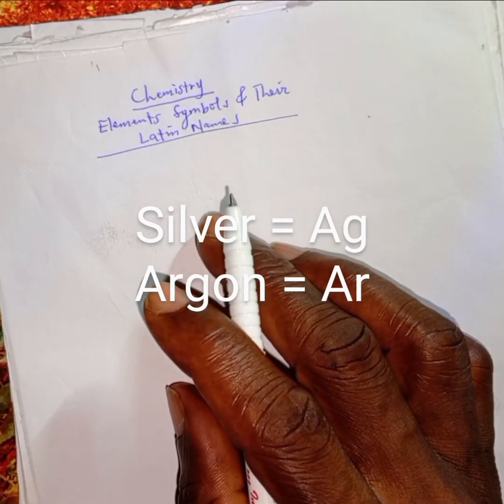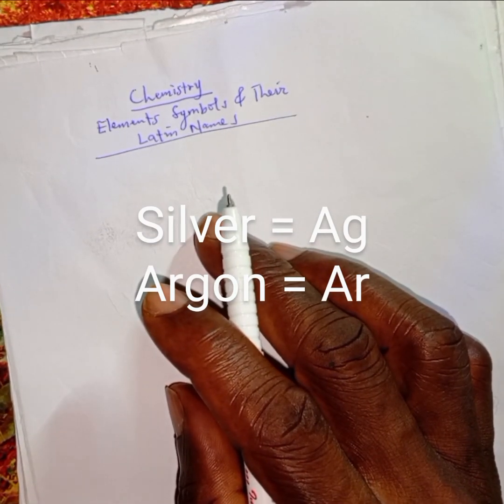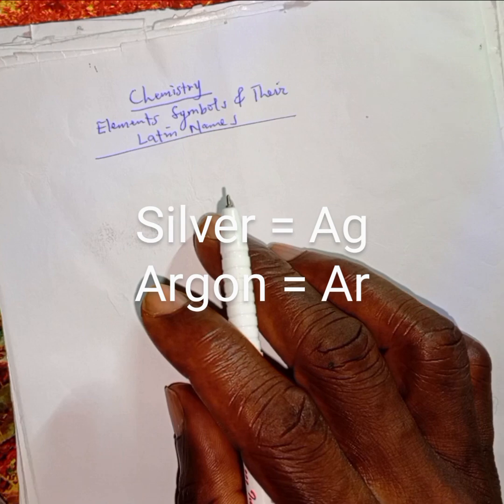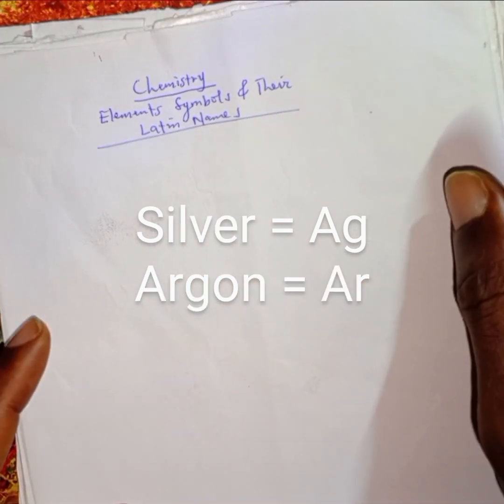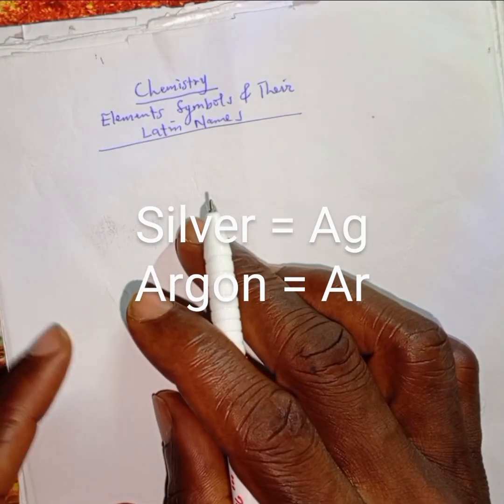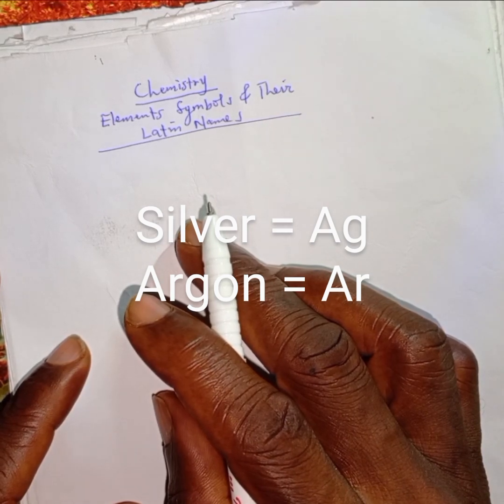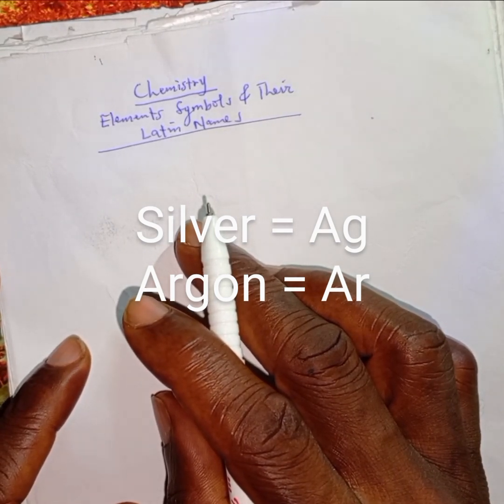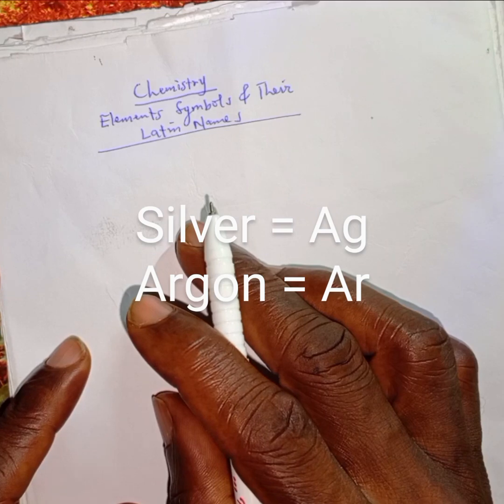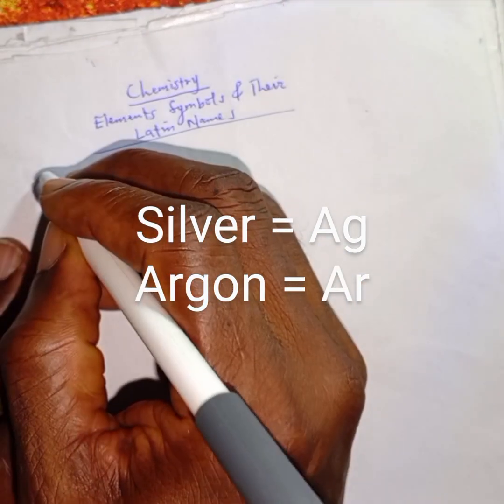Where the first letter has been taken, he decided that the second letter should be used. The first letter has to be a capital letter, and the second letter has to be a small letter. Like you have in hydrogen, the first letter is H.